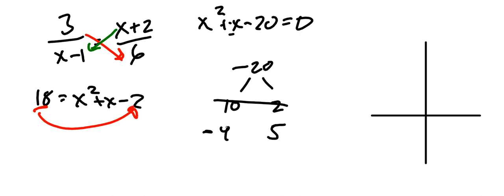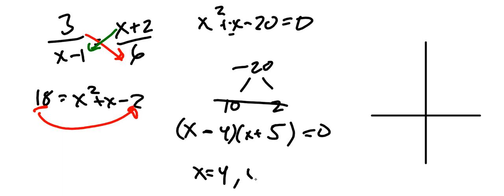So now we just take these: x minus 4 times x plus 5 is now equal to 0. So now we solve. Now we know that one of these has to be 0. So x equals 4 and x equals negative 5.